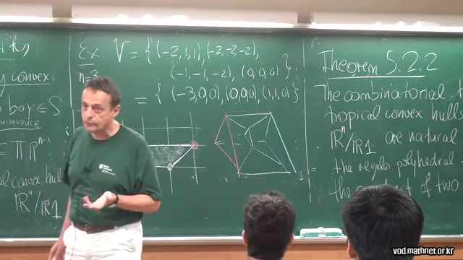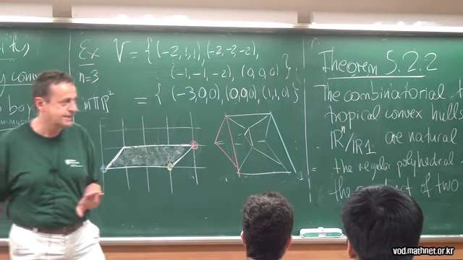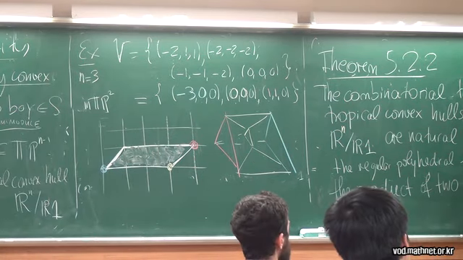That gives you 5 vertices, a 4-dimensional simplex. This one is the convex hull of 2 red vertices, 2 blue vertices, and 1 yellow vertex. This one is the convex hull of 2 blue vertices, 2 yellow vertices, and 1 red vertex, and so on.